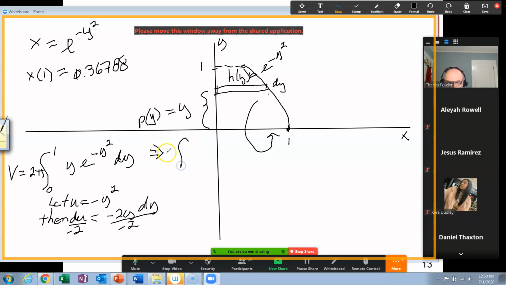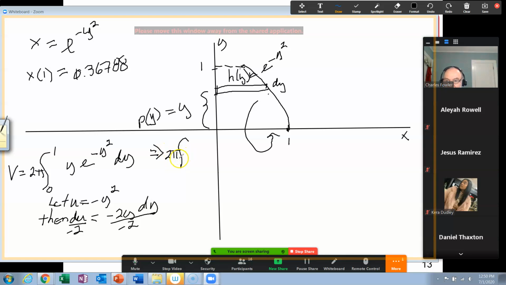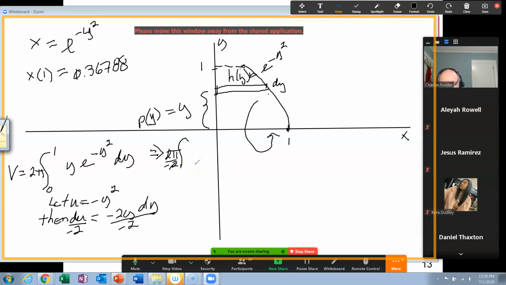So this becomes the integral. I should have put my 2 pi here. Now, we're dividing by negative 2, so I'll put the negative 2 here, but of course the 2's are going to cancel out. Now, here's an issue, folks. We move from y's to u's. These limits here were limits for y.